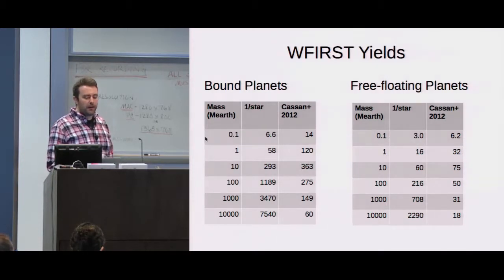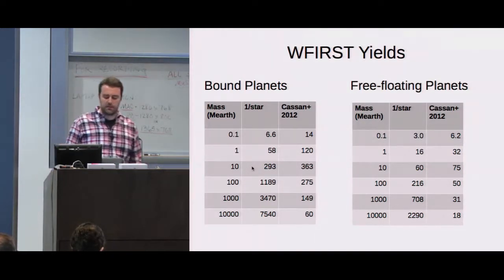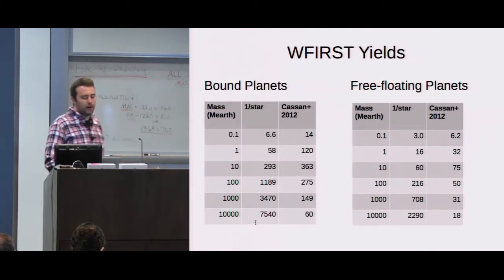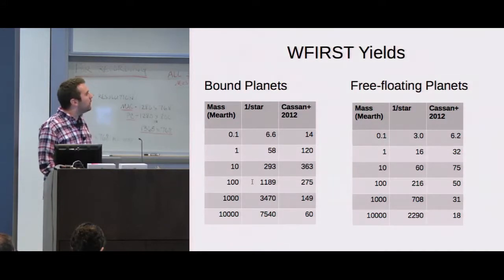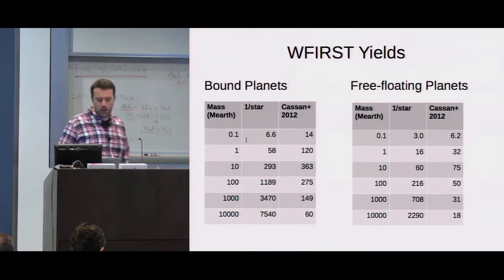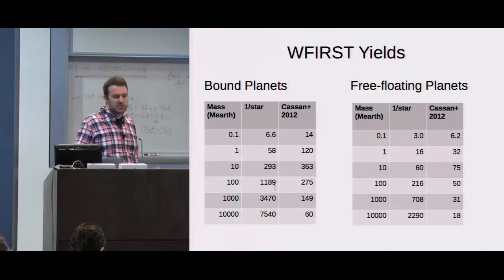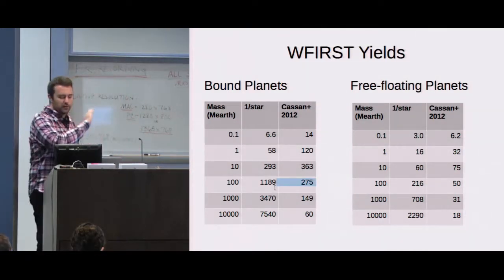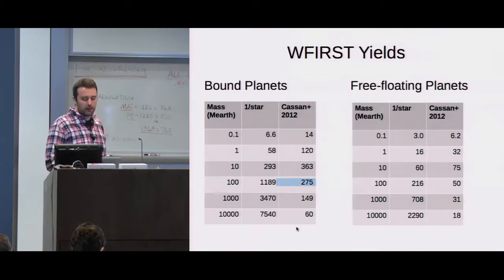In terms of bound planets, these are the numbers if there was one planet per star. Obviously, this isn't the case for the largest mass planets, and we're going up into brown dwarfs here that you detect. But there's huge sensitivity to the mass function of planets. If you put in a measured mass function we have from the ground with some extrapolation, conservative until fairly recently, into the lower masses, you still get large numbers of planets.